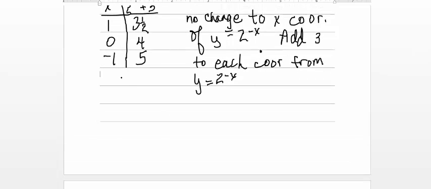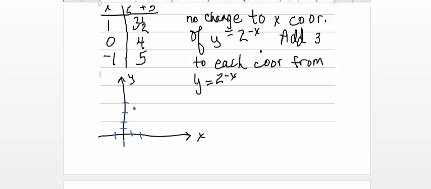So I could just very quickly incorporate these in and get a rough draft. I'm going to do a real rough graph here. So x is 1, y is 3.5.